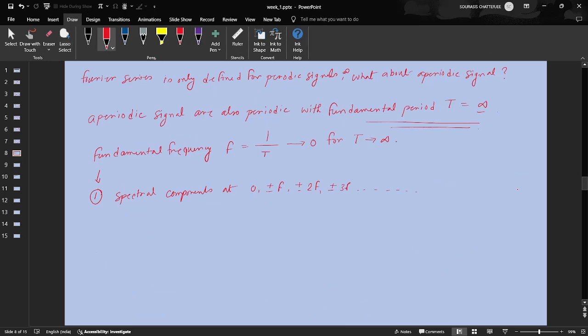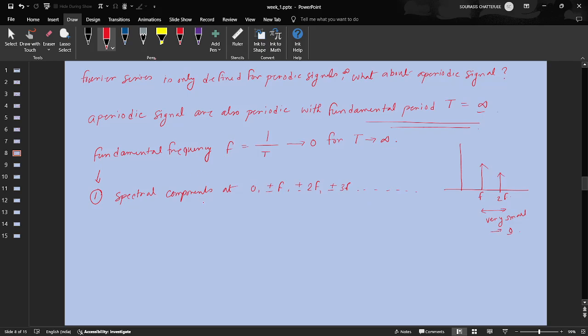Okay, it's available. Let me draw here only two components, one at f and another at 2f. But for an aperiodic signal, T tends to infinity and f tends to 0, therefore the gap between f and 2f is very small, almost tending to 0.